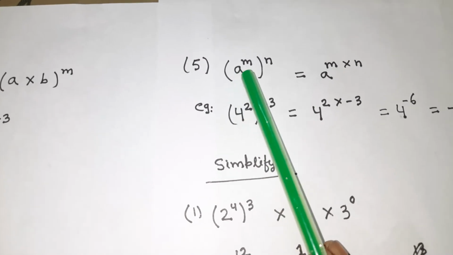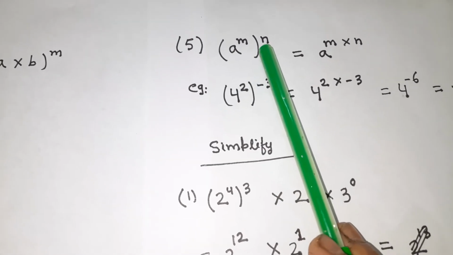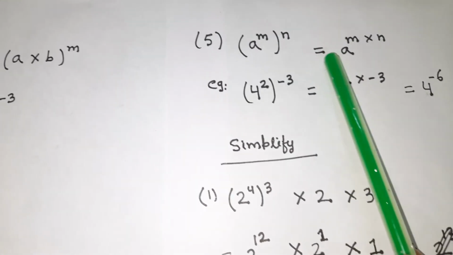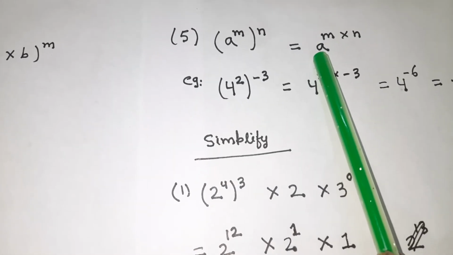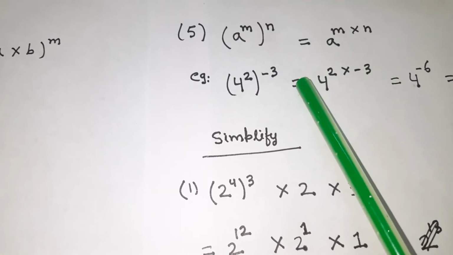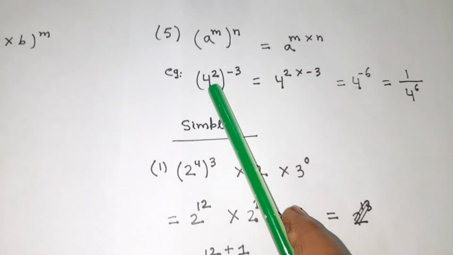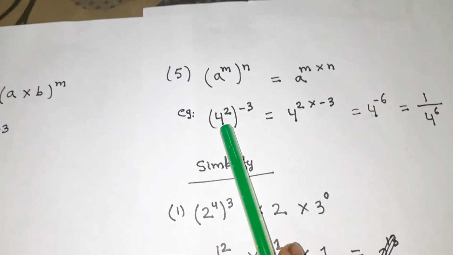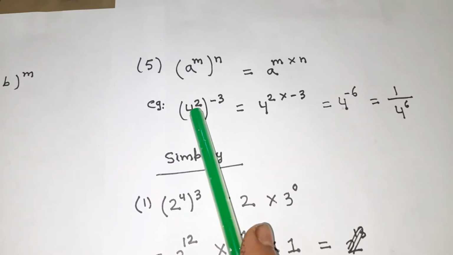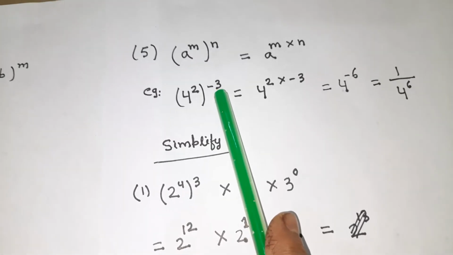a raised to the power m to the whole n. Okay, what will you do? a raised to the power m into n. Let us take one complicated example. I have taken here a difficult example. 4 raised to the power 2 as a whole raised to the power minus 3.